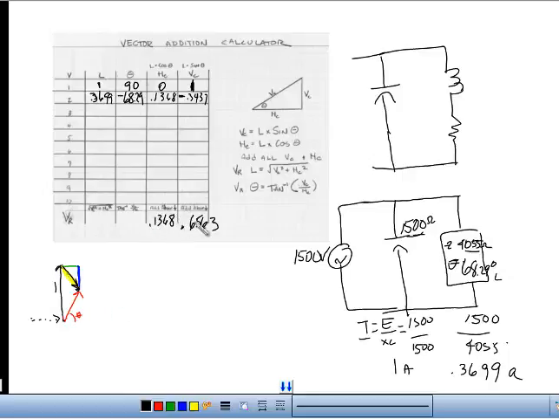Right, the vertical column, this 0.6563, we went up 1, we went down 0.3437, so the net vertical is 0.6563. The total horizontal, there was 0 horizontal with capacitive, and 0.1368.